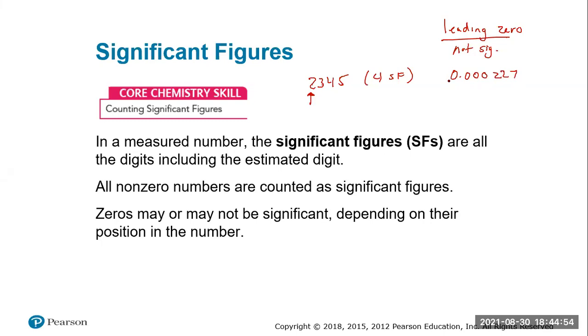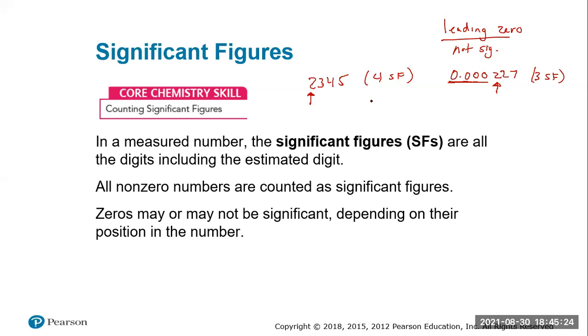We start left to right, all of these zeros are not significant because we really haven't started counting yet until we hit this number here, which is our first non-zero. That is a 2, which means that's significant. The next 2 is significant. The next one, 7, is significant. This particular number would have 3 significant figures. They're kind of like placeholders, as they are sometimes referred to. Any questions on that one?